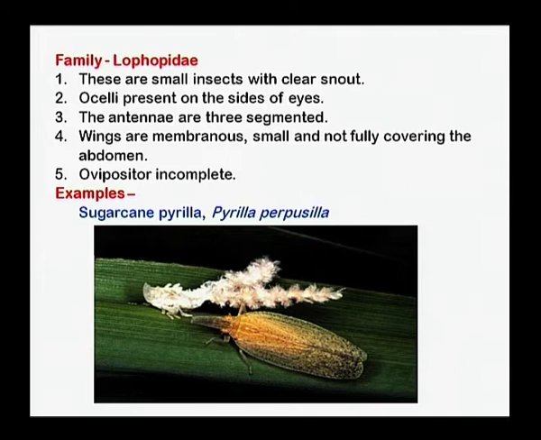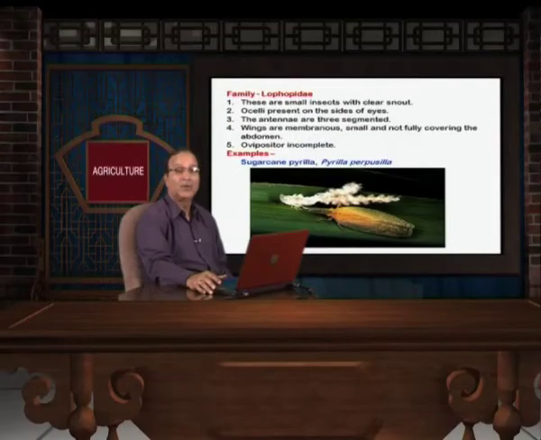Wings are membranous, small but do not cover the abdomen. It means the wings are very small in size. Ovipositor is not fully developed, or we can say that ovipositor is incomplete.